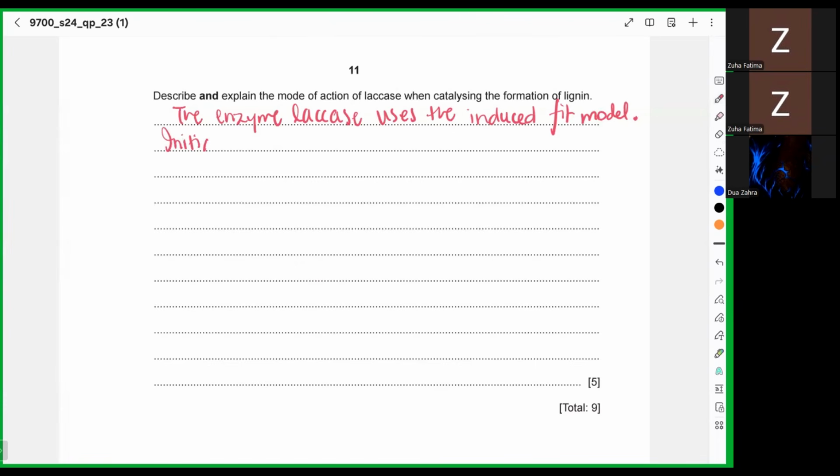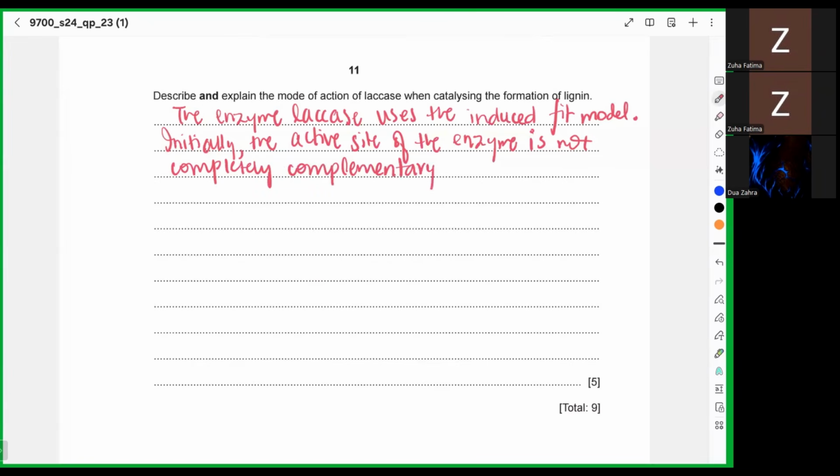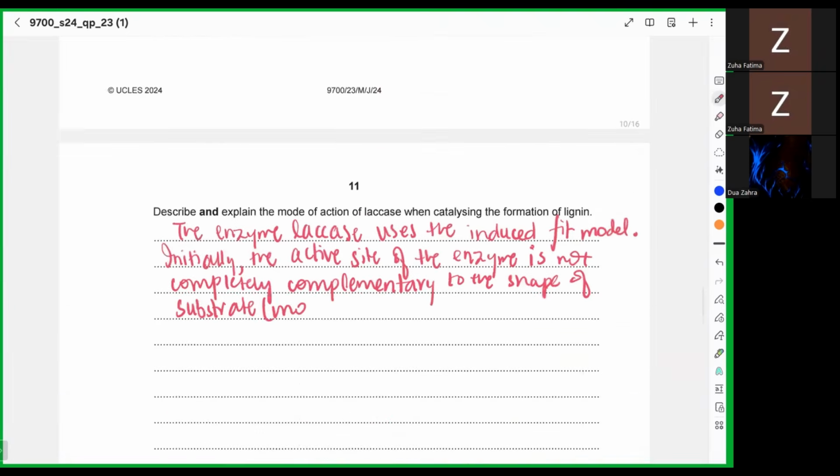Initially the active site of the enzyme is not completely complementary to the shape of the substrate, which is monolignols.